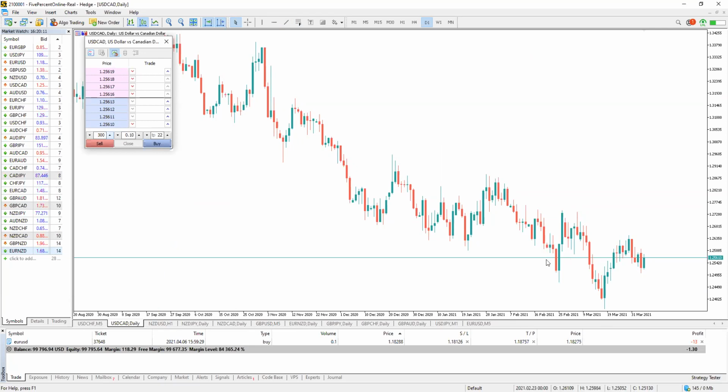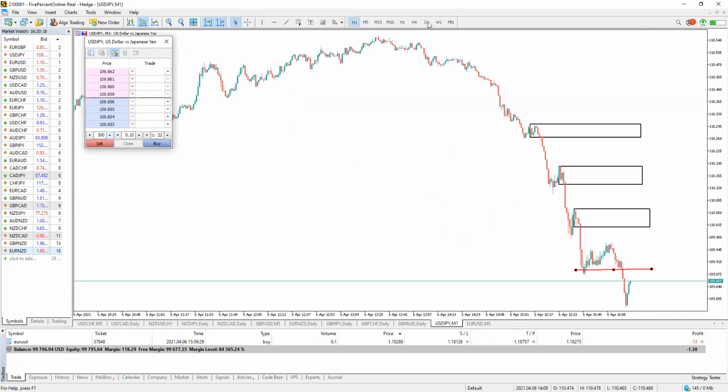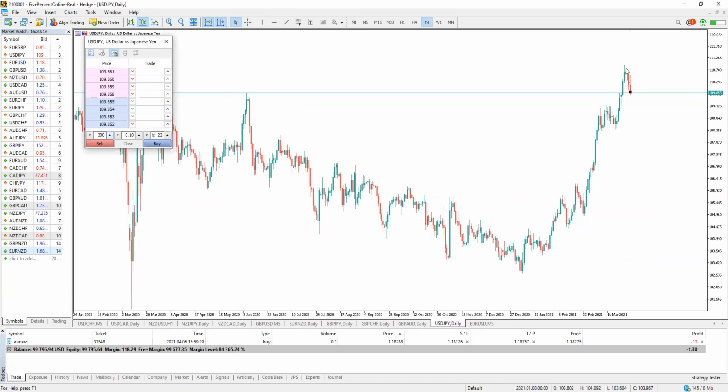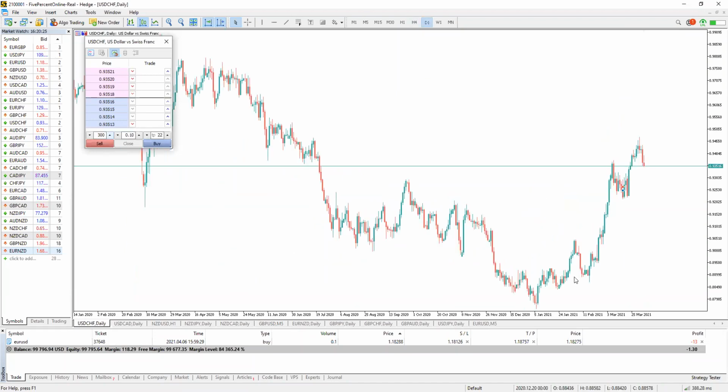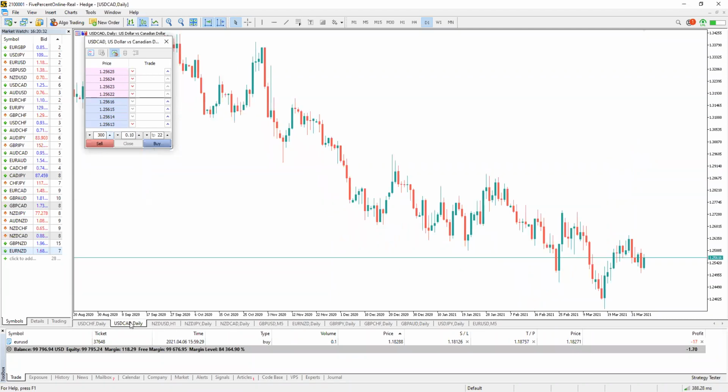On pairs where the dollar has strengthened already, we can see the strengthening of the dollar against the yen or against the franc. Let's see the franc. Okay, we haven't seen that power on the dollar against the Canadian pairs. So we haven't seen that push higher. It has been forming this channel and has been respecting it.